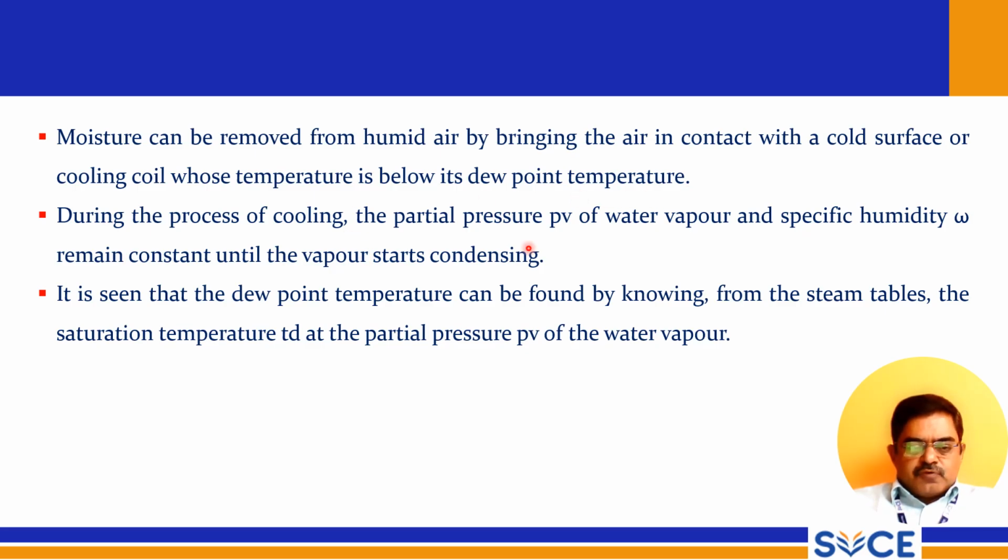During the process of cooling, the partial pressure Pv of water vapor and specific humidity omega remain constant until the vapor starts condensing. So that is the cooling process, and it is seen that the dew point temperature can be found from the steam tables, as the saturation temperature Td at the partial pressure Pv of water vapor. So through steam tables also we can find this dew point temperature.